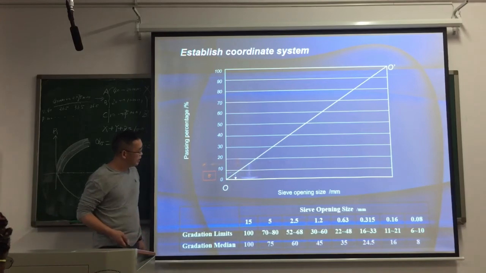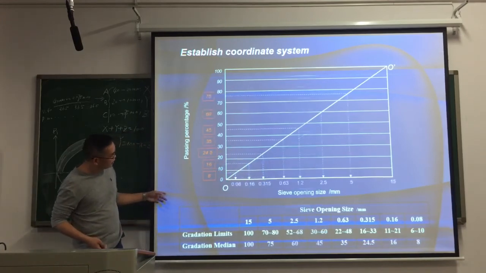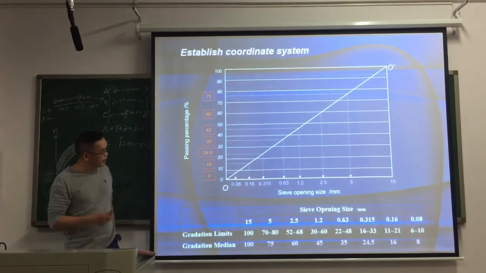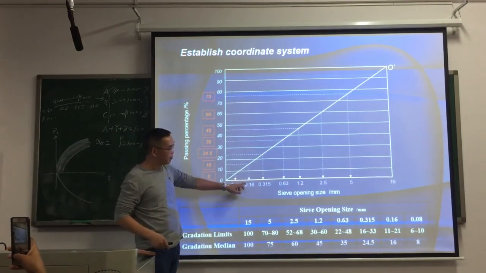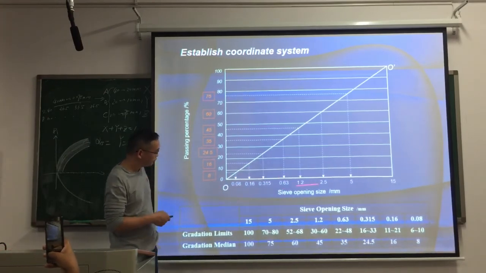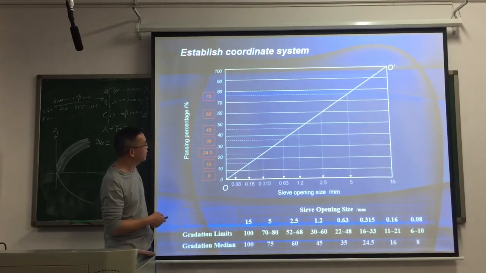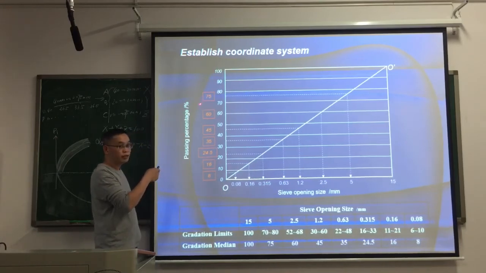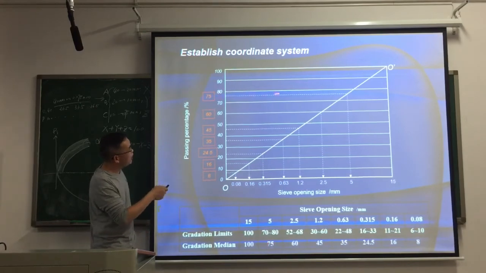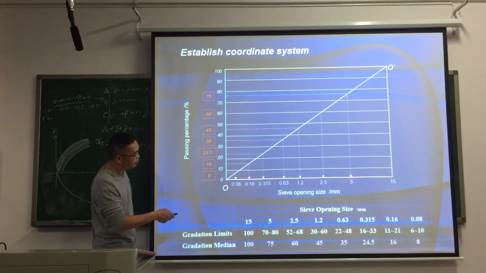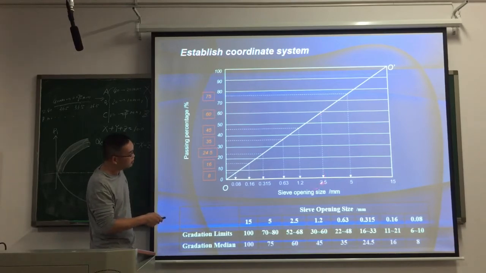And then we can get the coordinates. This is the size distributed on the coordinate. Where is the 75? 75 is here. This is the size of 5 millimeter. And 60 is here. 60 is for the 2.5 millimeter size.